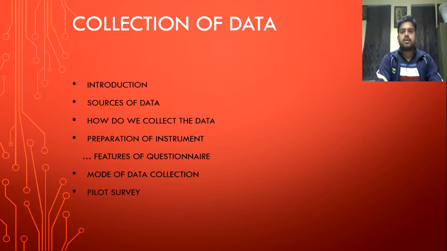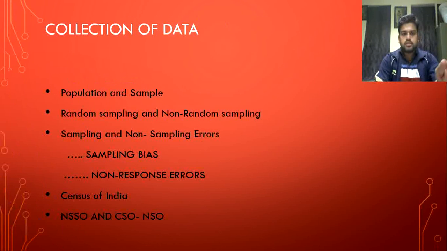These topics, that is source of data, how do we collect the data, preparation of instrument, under that features of questionnaire, mode of data collection and pilot survey, will be discussed in this video. The other topics will be discussed in part B of this chapter.